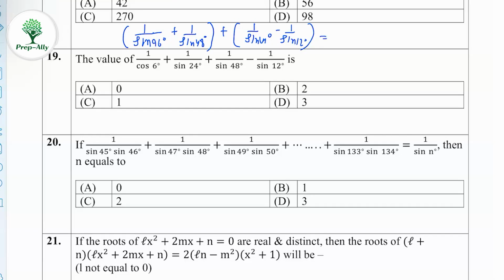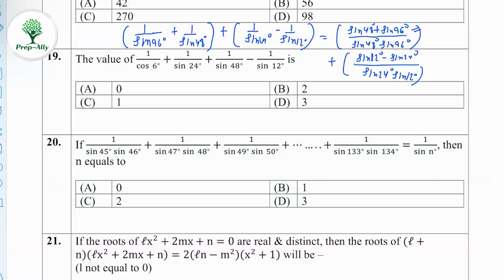After that take LCM. So sine 48 plus sine 96 divided by sine 48 degree sine 96 degree, plus sine 12 degree minus sine 24 degree by sine 24 degree sine 12 degree.